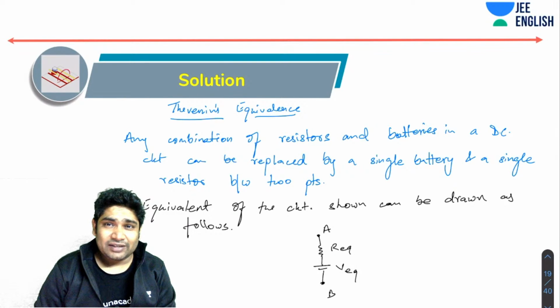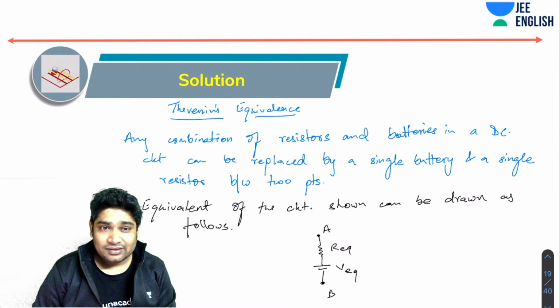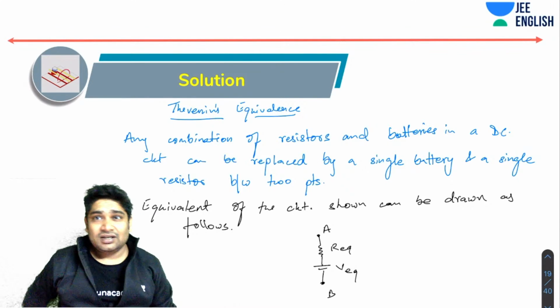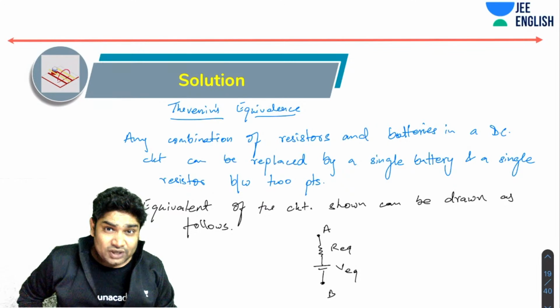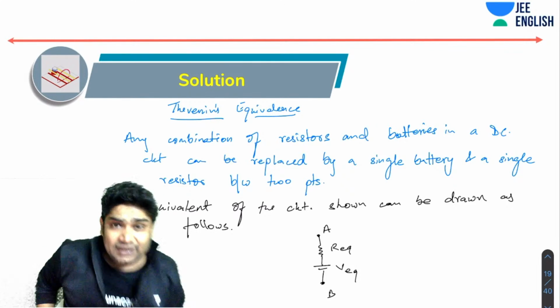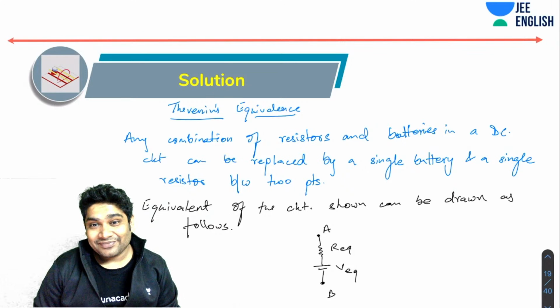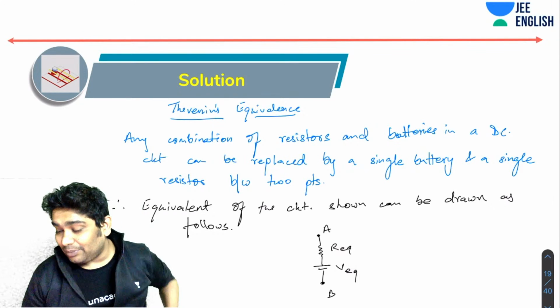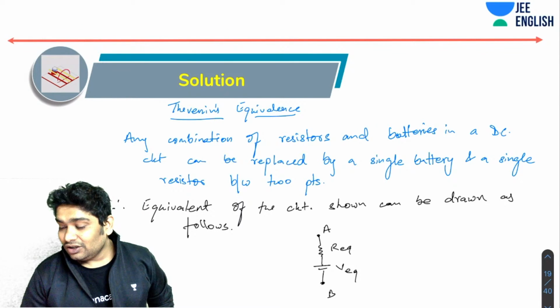Again, you can read up on Thevenin's equivalence also. Okay, you can read up on this, but then again, this is a special method used only in very few questions. So if you are only focused on IIT exam, then you might even skip it. Okay, if you are preparing for your Olympiads and want to study some more, then you can look up this Thevenin's method and also Norton's equivalent.